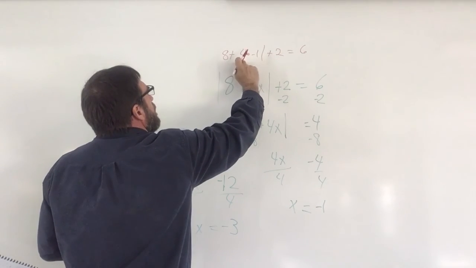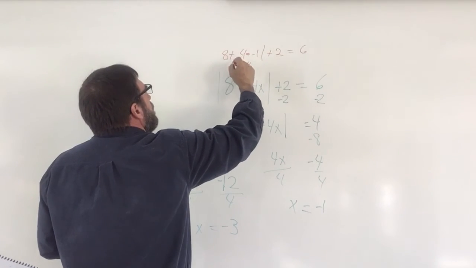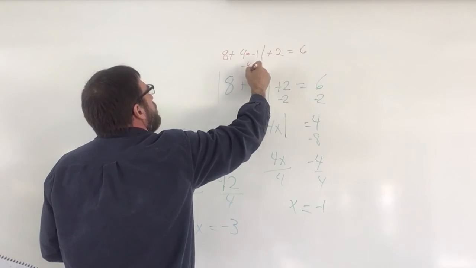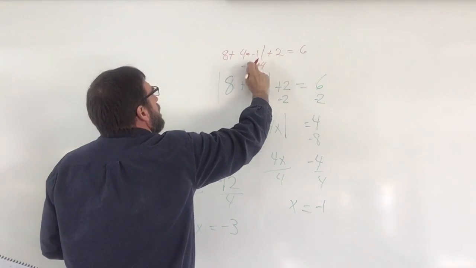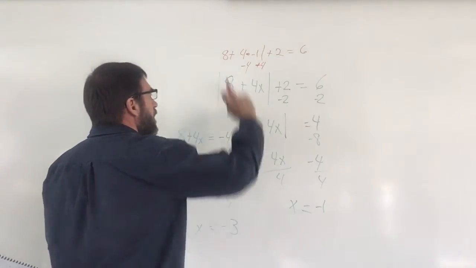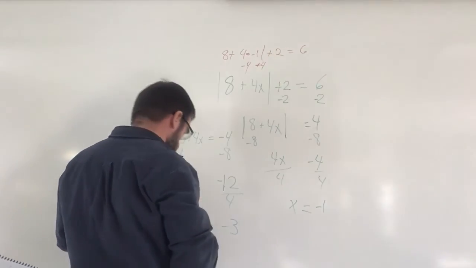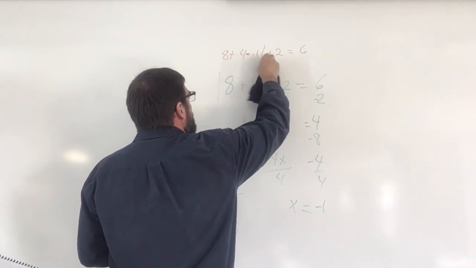I got to do this here. 4 times 1 is negative 4. So I have 8 plus negative 4 would make me positive 4 equals positive 4. And now I do positive 4 plus 2 equals 6. Sure enough, that one is right. Negative 1 is right.